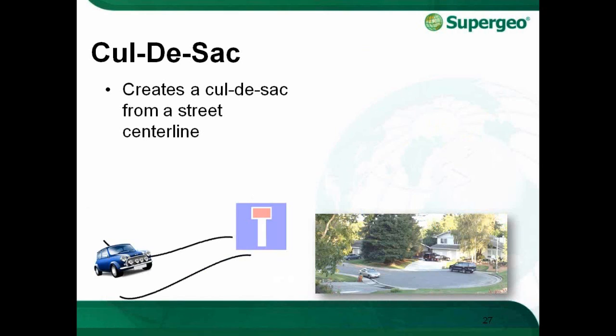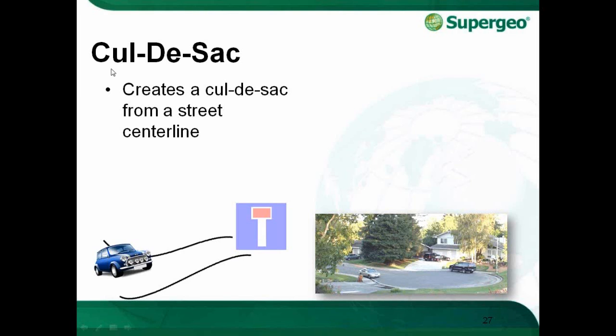And the final one we call Cul-De-Sac, which can help users create a Cul-De-Sac from a street center line. Think of a kind of road that just has a dead end, like the figure shows here on the right hand side. Maybe the road's dead end is like this.